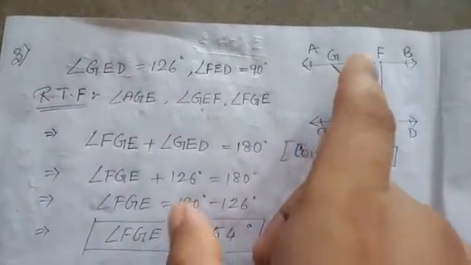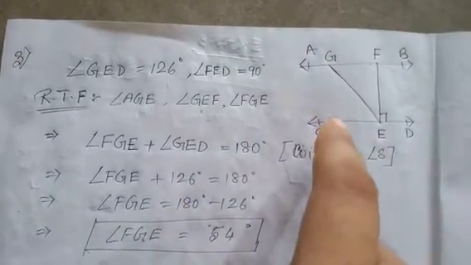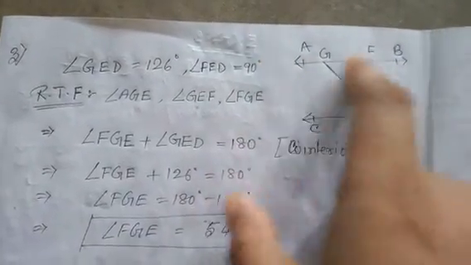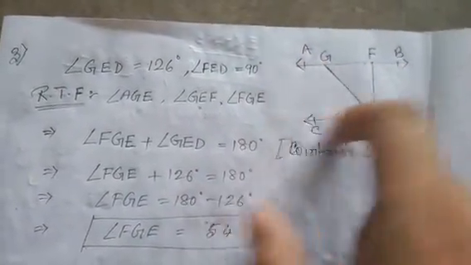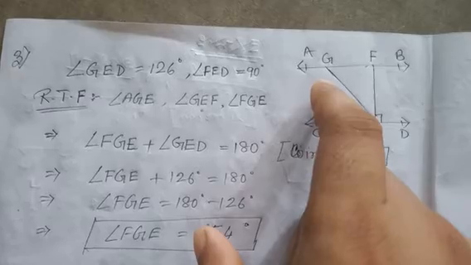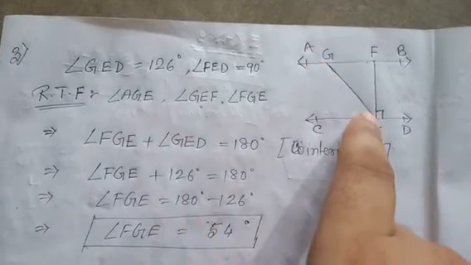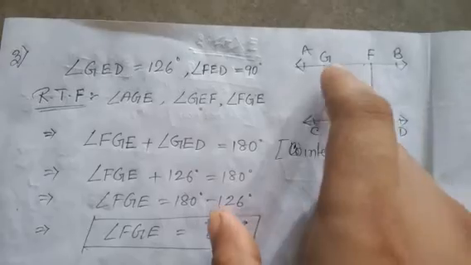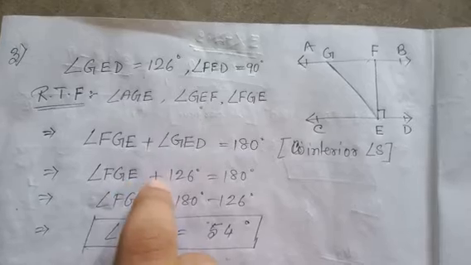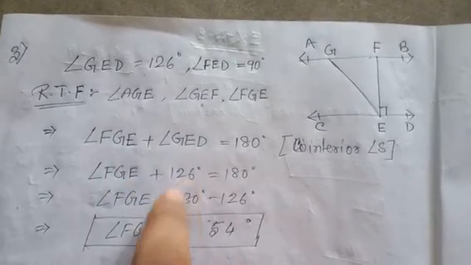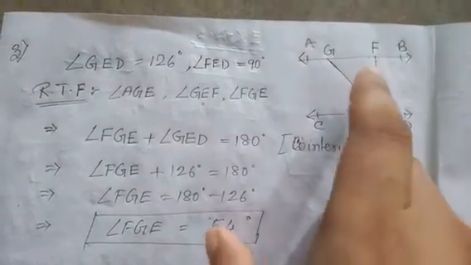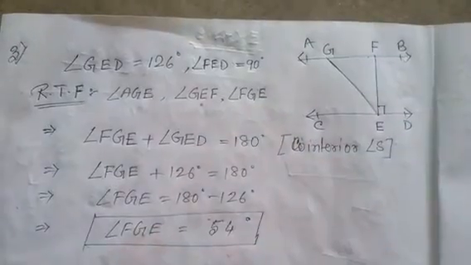Here FGE plus GED is 180 degrees, because these two lines are parallel to each other, and GE is a transversal, therefore these two angles are co-interior angles. Therefore FGE plus 126 equals 180, so FGE equals 180 minus 126, which is 54 degrees.